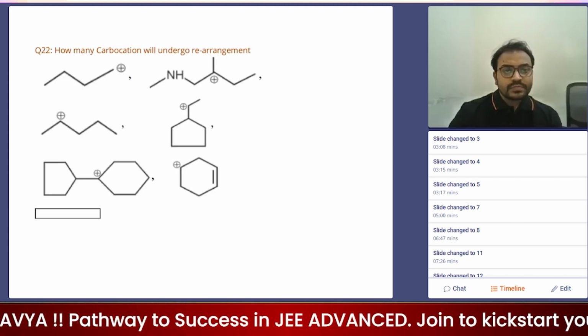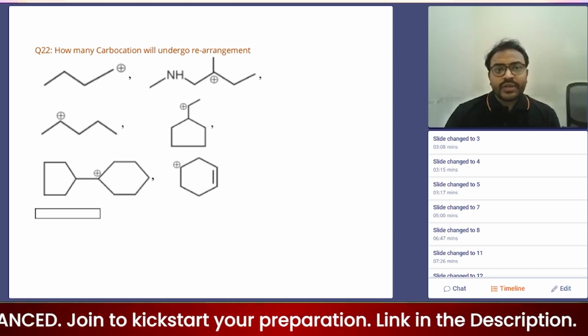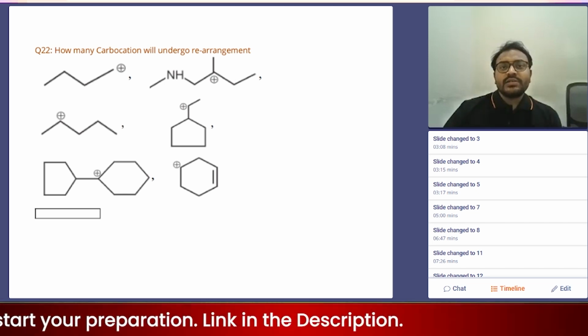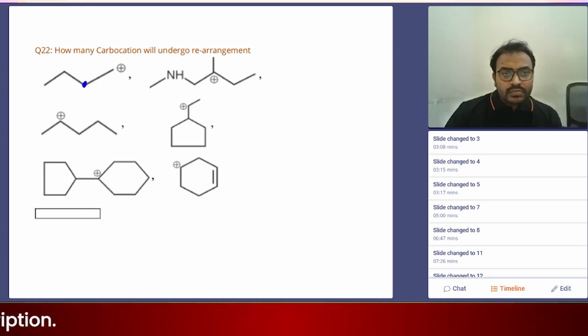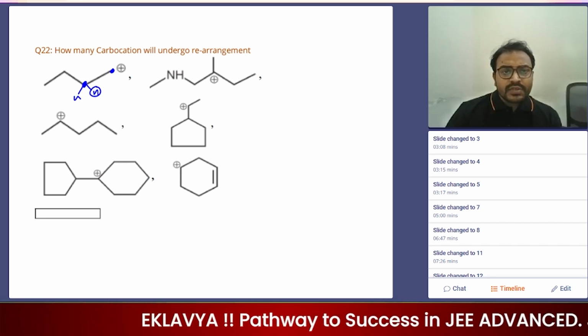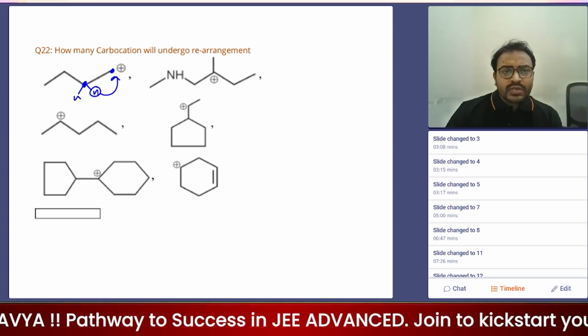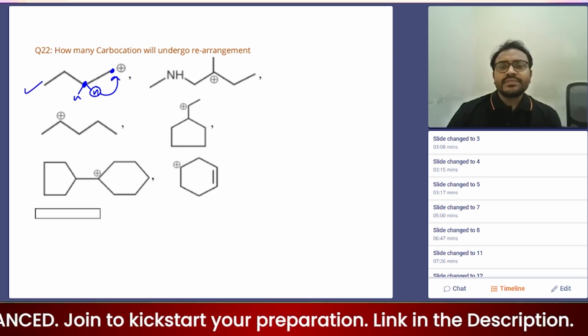Okay. Next question. How many carbocations will undergo rearrangement? So rearrangement in first one, because that is a 1 degree carbocation, and after the hydride shift, because there is a hydrogen present here and this hydrogen can shift here, so this carbocation can show rearrangement.